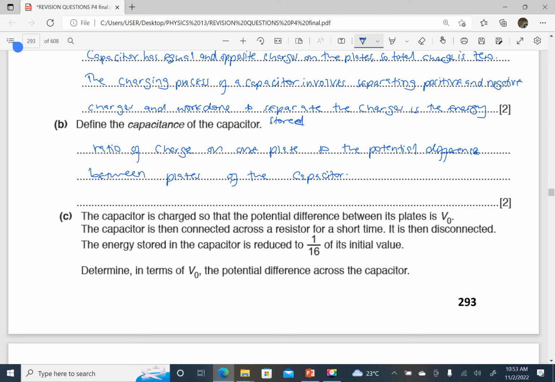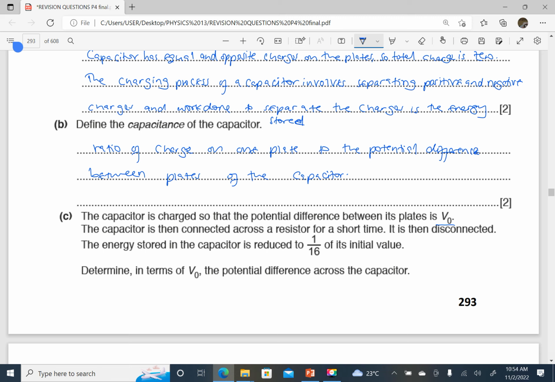The capacitor is charged so that the potential difference between its plates is V0. The capacitor is then connected across a resistor for a short time. It is then disconnected.